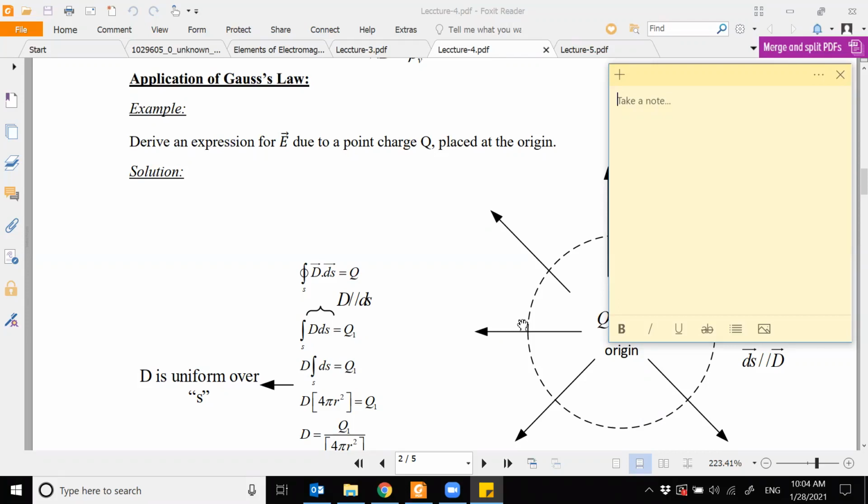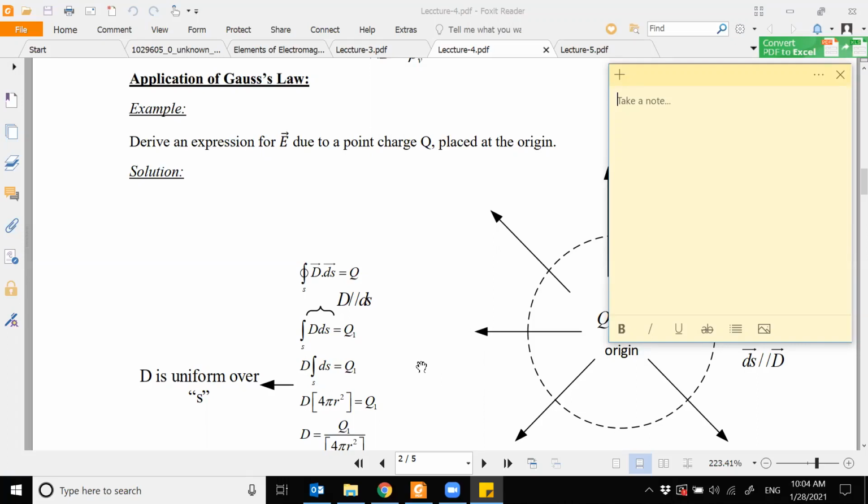I explained what symmetry means in this case: your electric field is a function of only R in spherical coordinates, or a function of rho in cylindrical coordinates, or a function of only X or only Y or only Z in Cartesian coordinates. Then it becomes very easy and very fast to obtain the electric field expression.